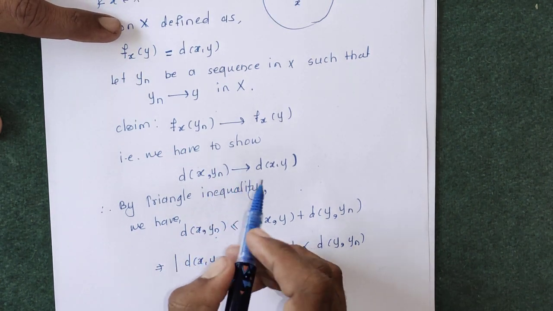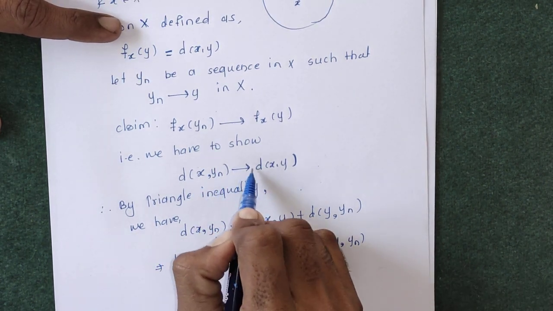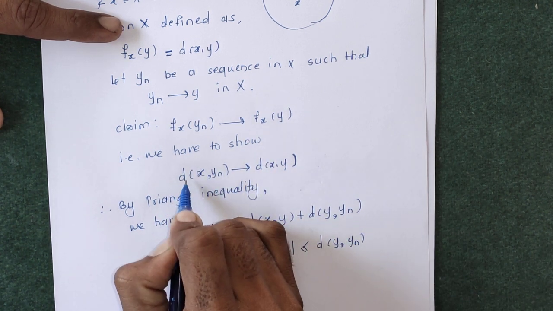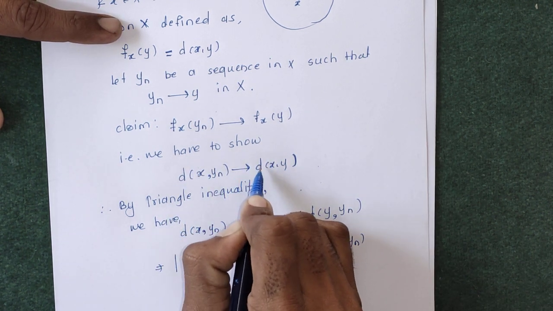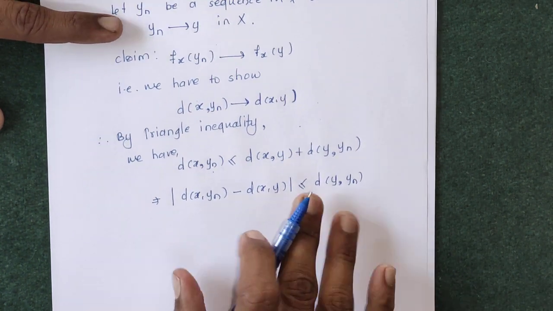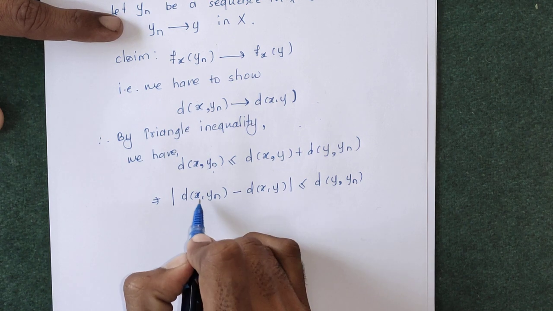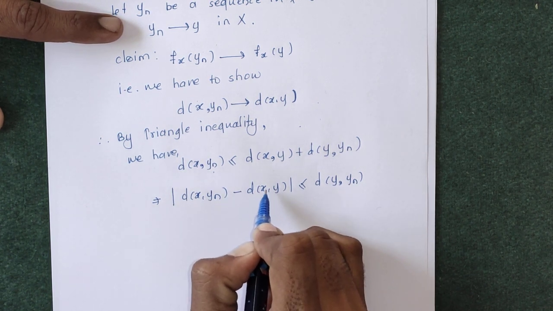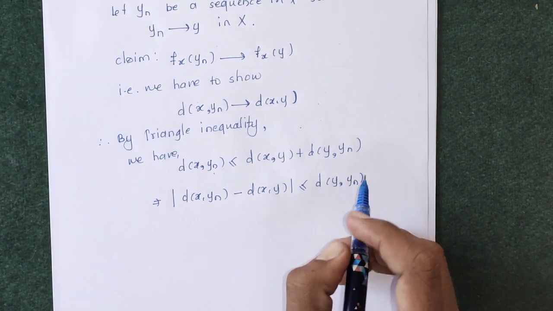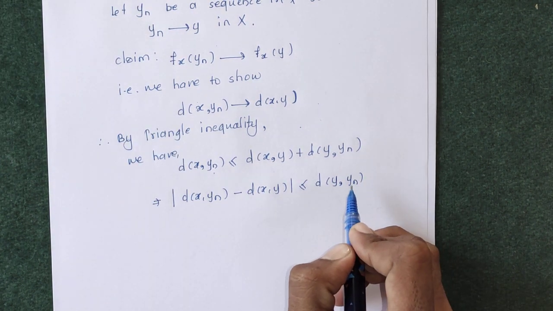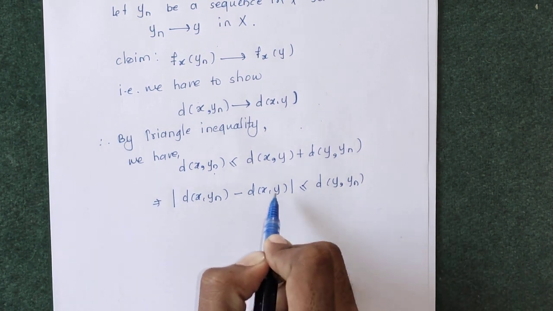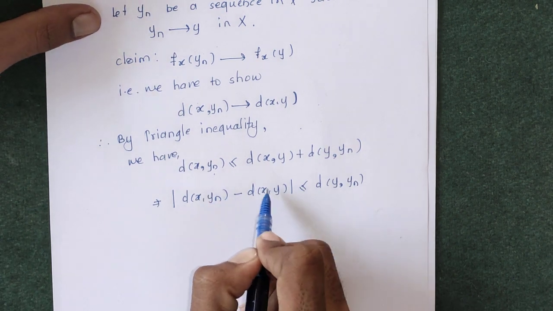To show that d(x, y_n) converges to d(x, y), by the definition of convergence we have to show that the difference between d(x, y_n) and d(x, y) is less than some epsilon. So this is less than or equal to d(y, y_n). Now we have to prove that d(y, y_n) is less than some epsilon. Then we will say that this is also less than epsilon, so by the definition of convergence this will converge to this.